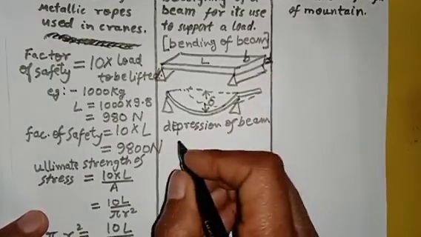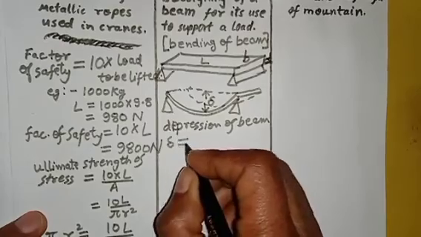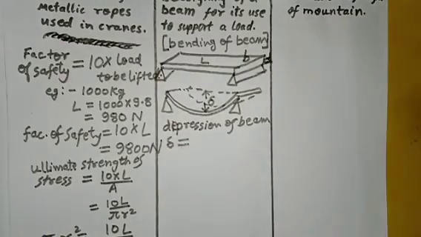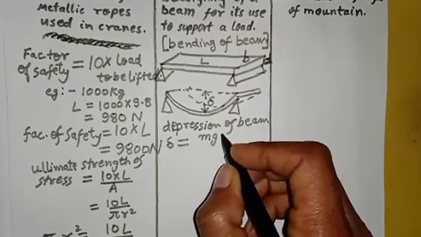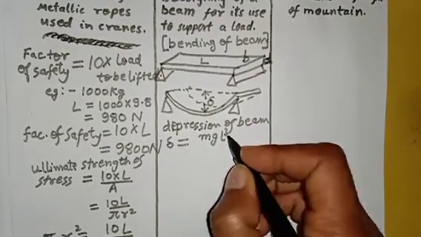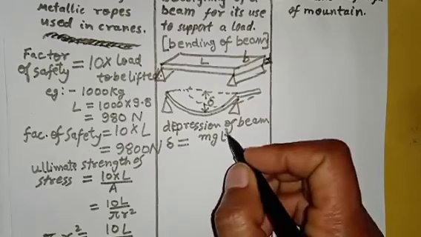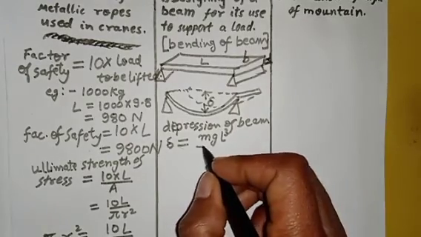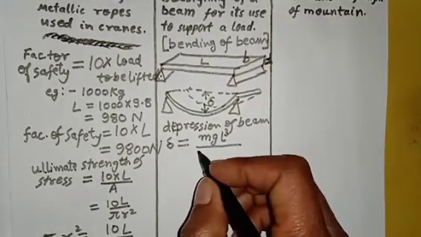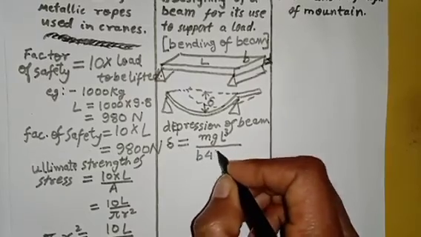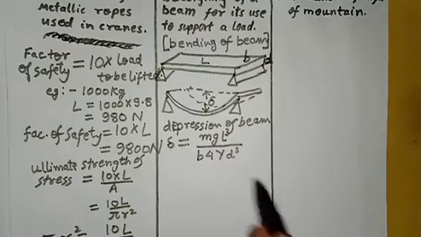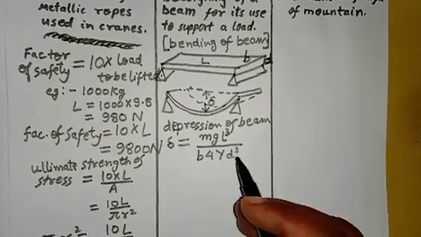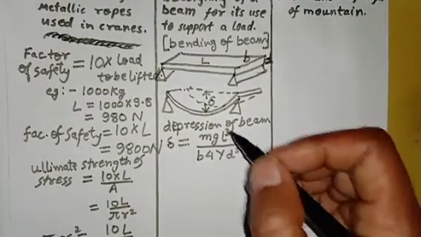So depression of beam delta is equal to, here it sometimes becomes difficult, but Mg L cube, you have to put, we have memorized it like that. And before Y, b and d cube, you have to put cube here also. So Mg L cube, and before b d cube, you have to remember these three.